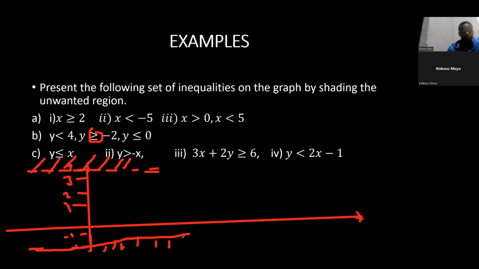Okay. Yes. We move on to the third one. I can't see that one. There's something that has popped up on the screen, so it has actually covered the screen. Okay. So you can shout it out for me. Which one? The third one. The third one.